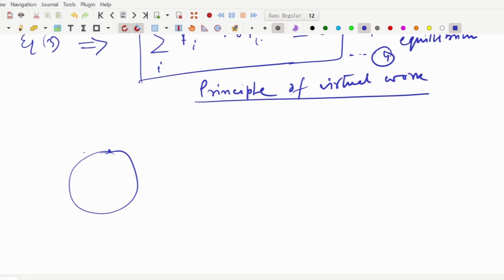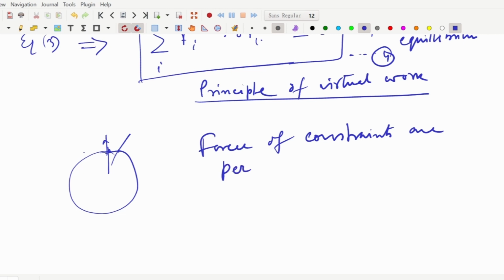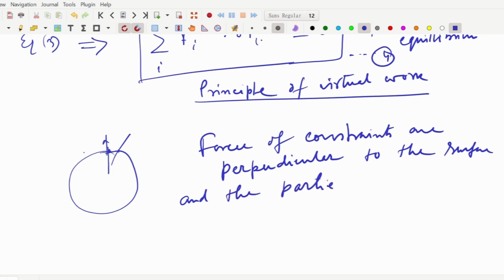So if you have a surface of a sphere and the particle moves on it. Now the force of constraint is the reaction force, and it is perpendicular to the surface at each point, and the particle moves tangential to the surface.